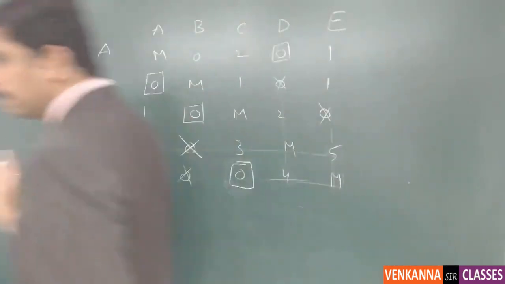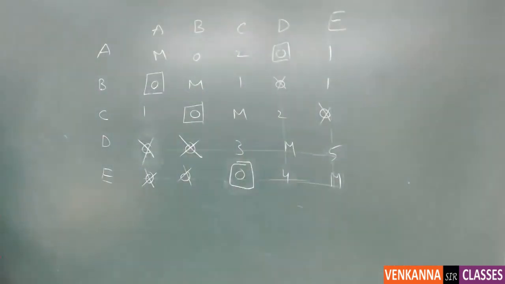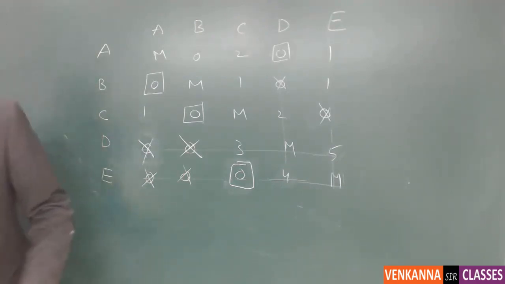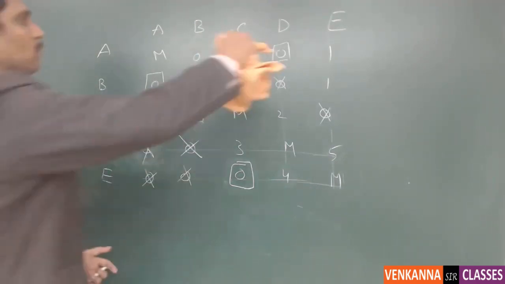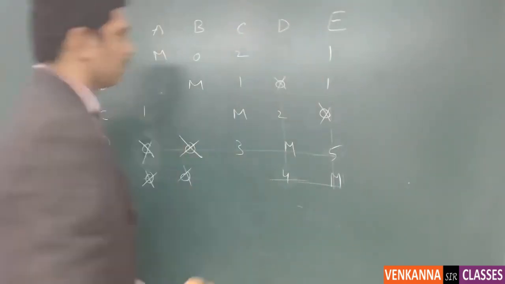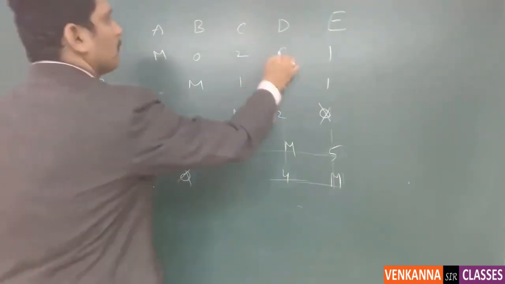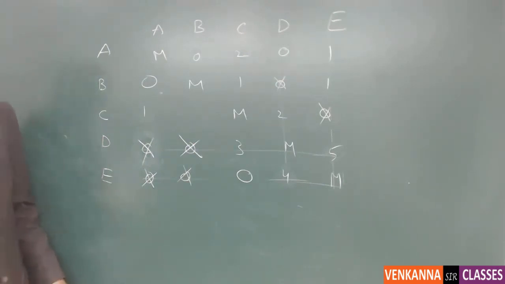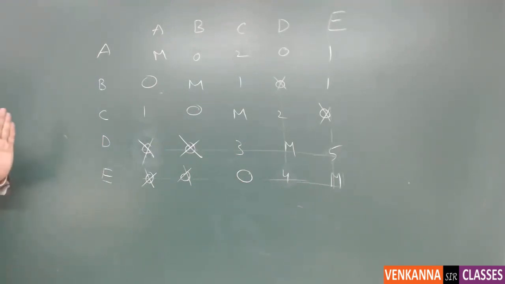So here you get structured here, A to B. Yeah, I started with the arbitrary. In E column, there is only one.